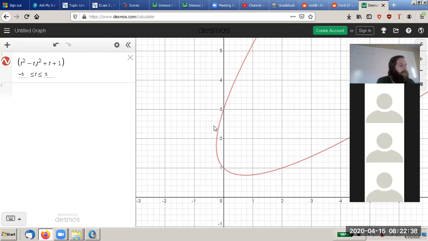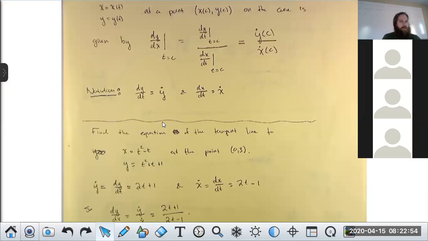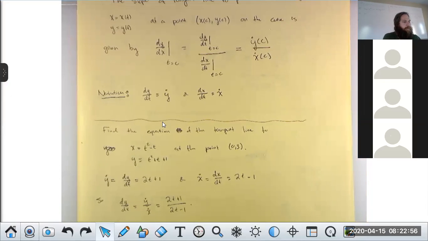So if I wanted to find the slope of the tangent line at any time t, I would plug that time in here. But I wasn't given a time, I was given a point.